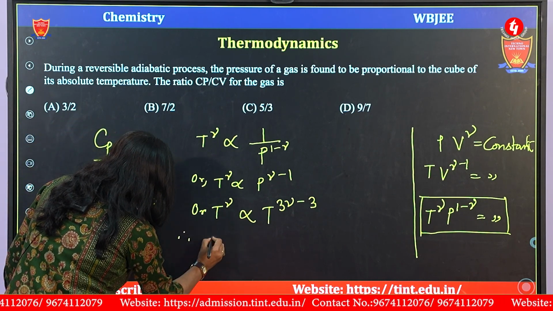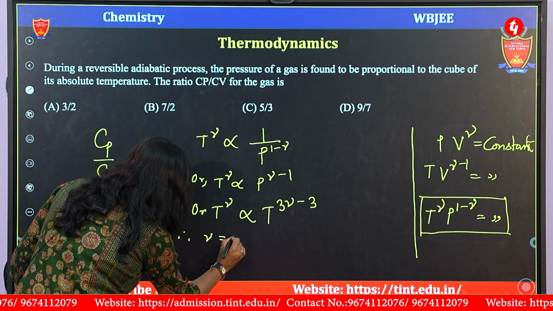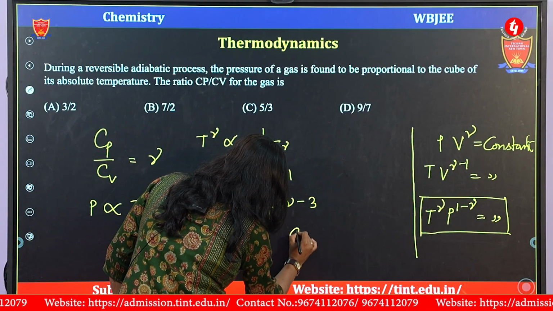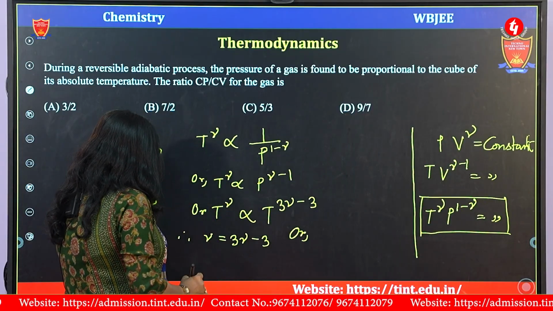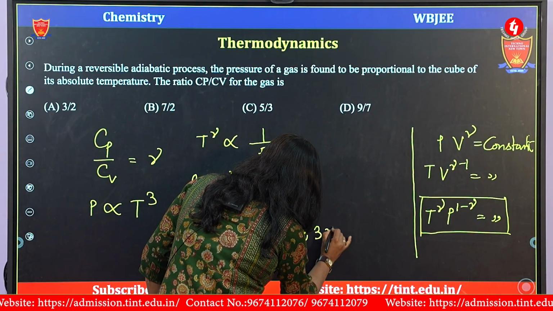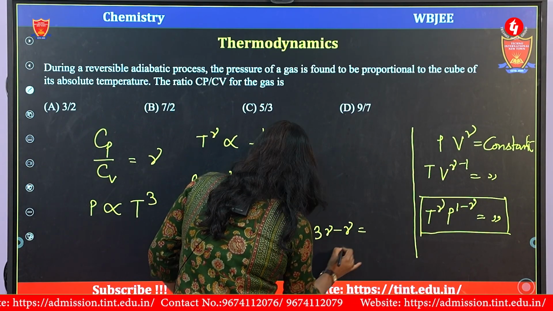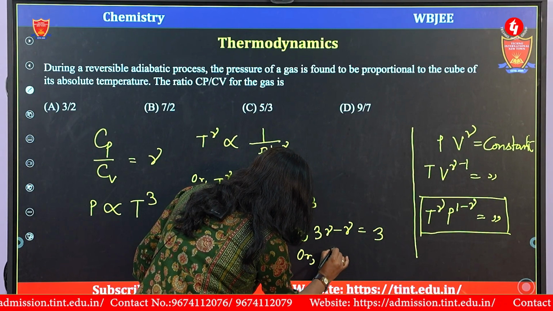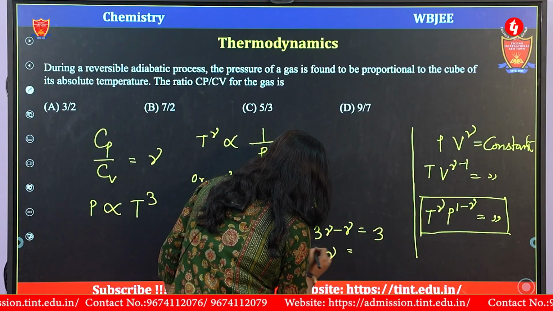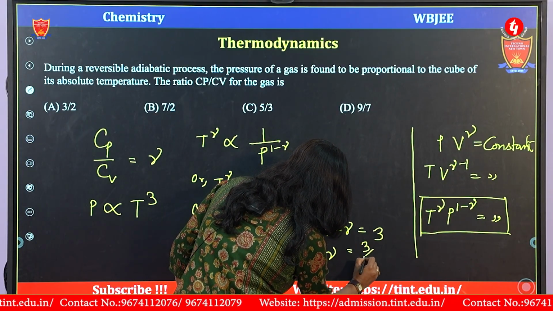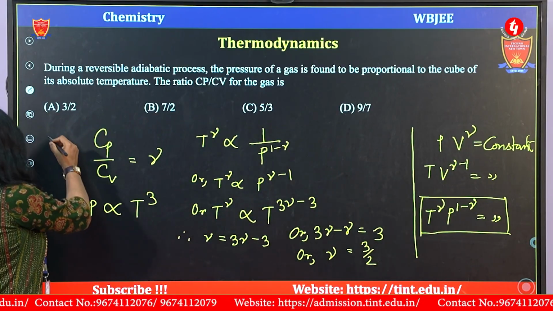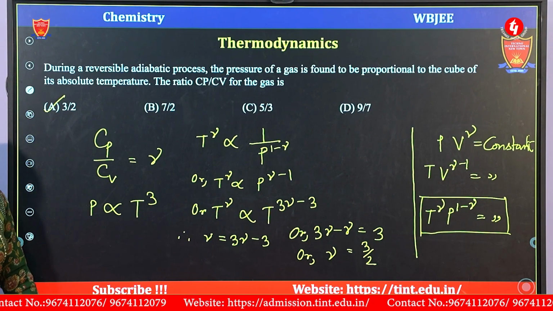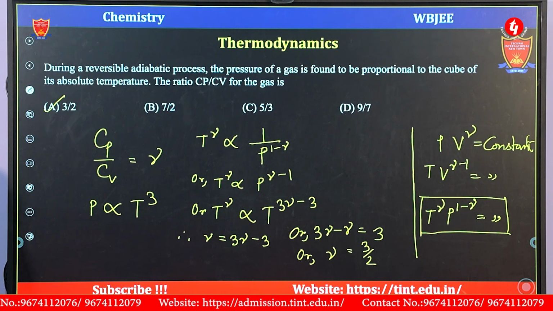Therefore, gamma is equal to 3 gamma minus 3, or 3 gamma minus gamma is equal to 3, or gamma is equal to 3 by 2. So, this is the correct answer. Gamma is equal to 3 by 2.